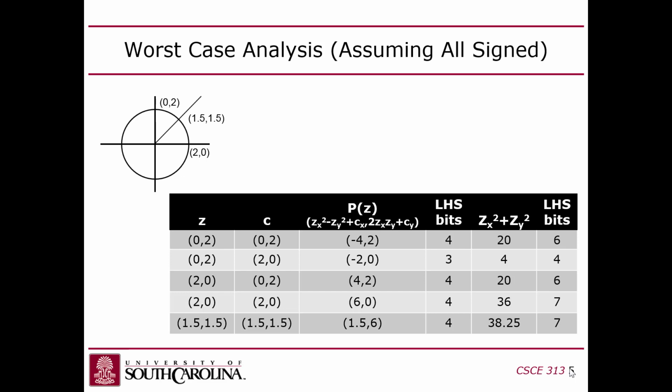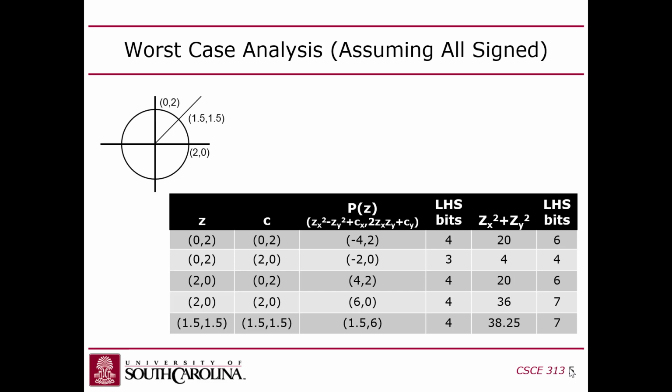I've never been able to come up with a scenario where I need more than 7 non-fractional bits. But then again, I'm not doing a full exhaustive search here, mostly because I really don't know what combinations of z and c are possible. I'm trying to look at extreme values, but I don't know all the combinations I need to evaluate.